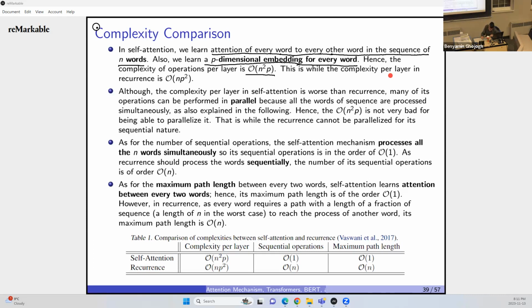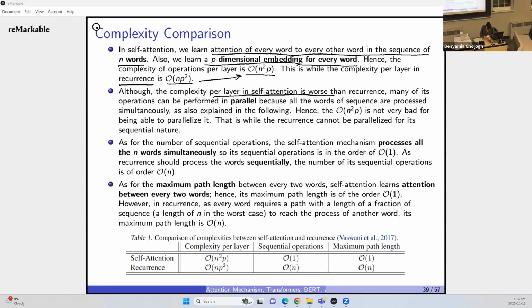But the complexity in recurrence, without proof, accepted from me, is O(n p squared). So in a recurrent neural network, this is O(n p squared), but in attention it is O(n squared p). Although the complexity per layer in self-attention is worse.